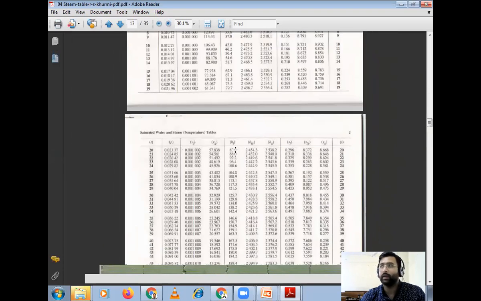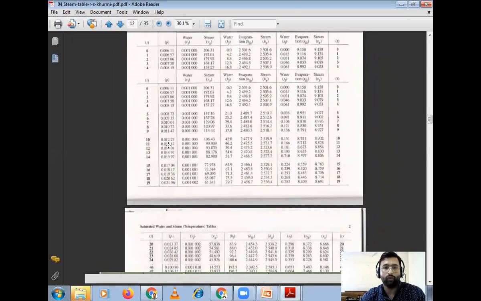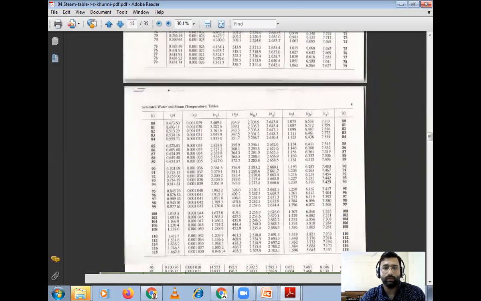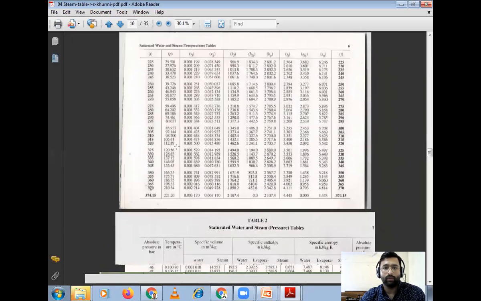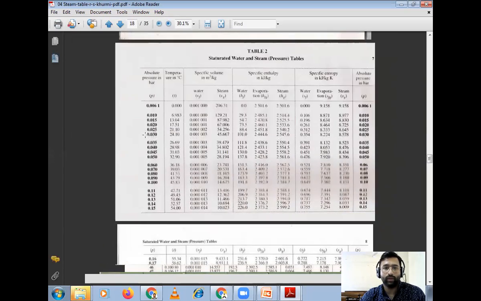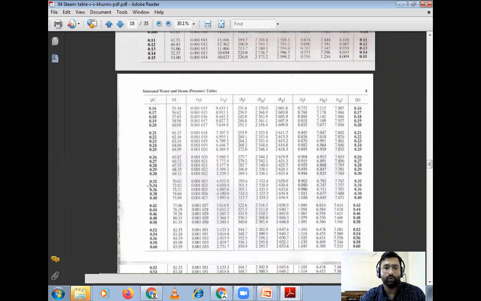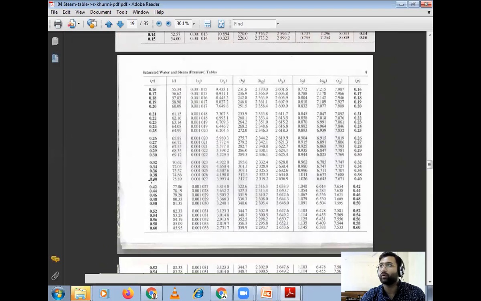What I'm saying here, previously, to know the entropy at point number 3: point number 3 lies on the dry saturated curve. So you have to go to the 0.4 pressure table. Here you can see 0.4. You have to go to the entropy tables and search for Sg.